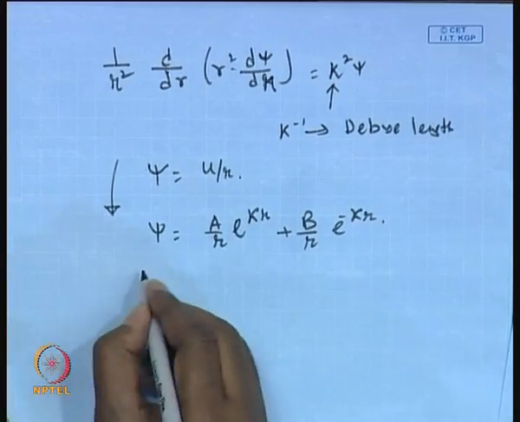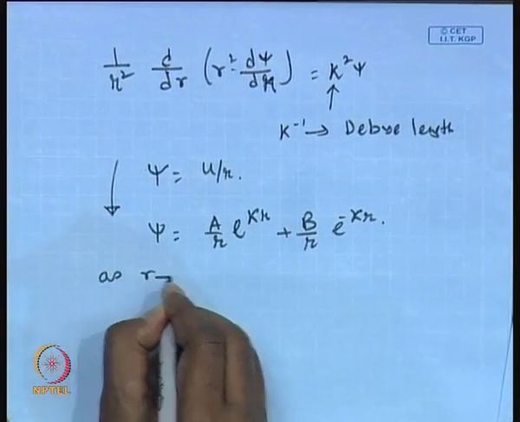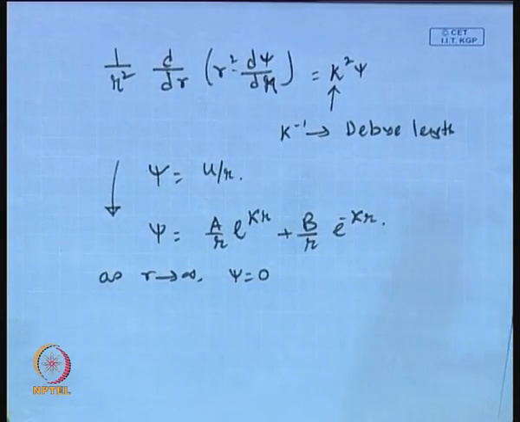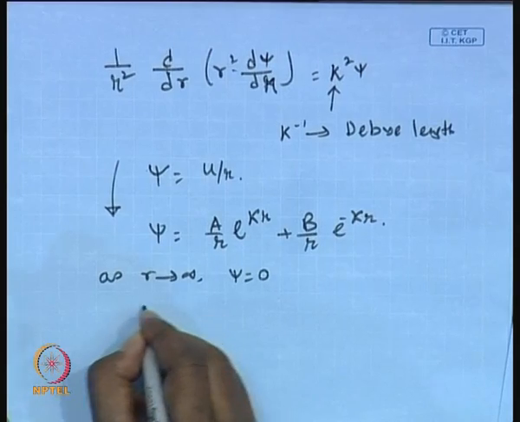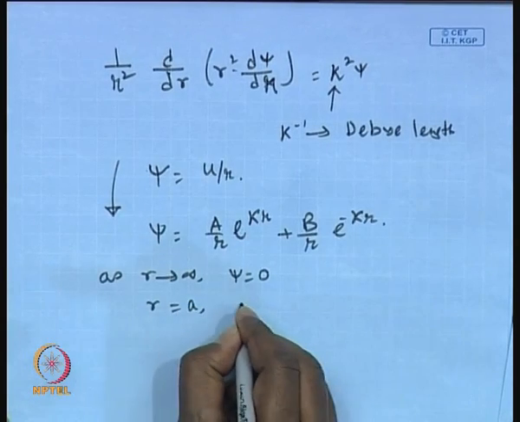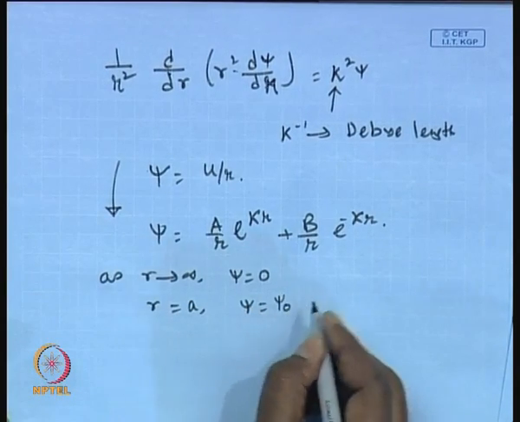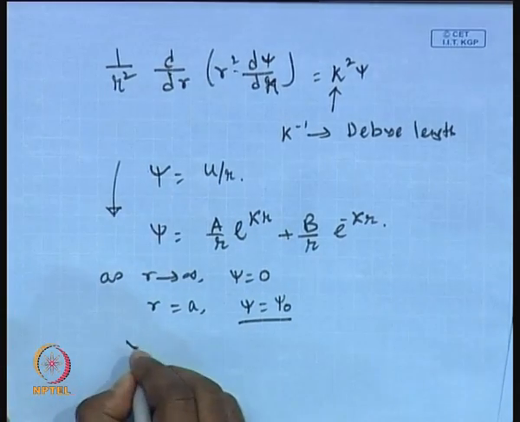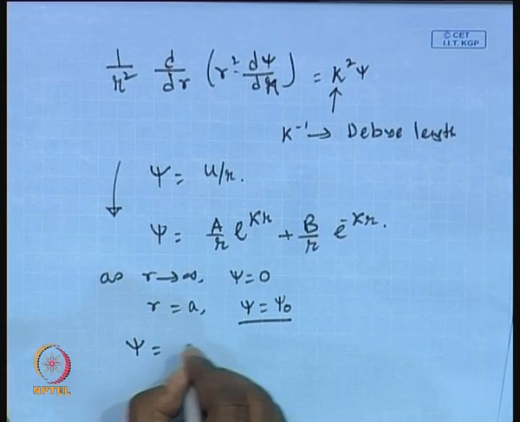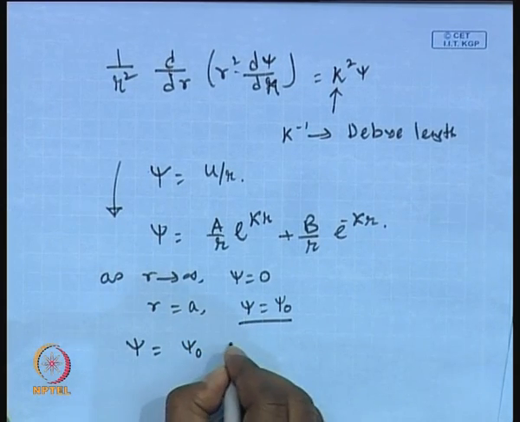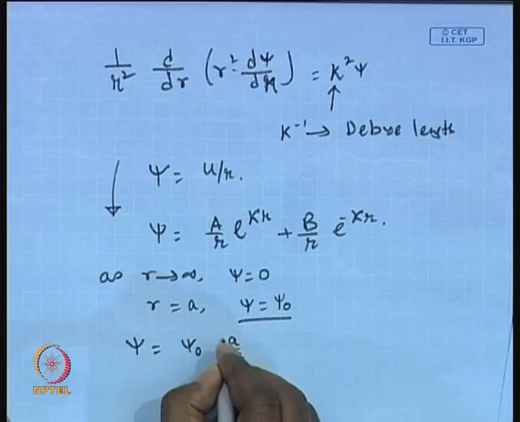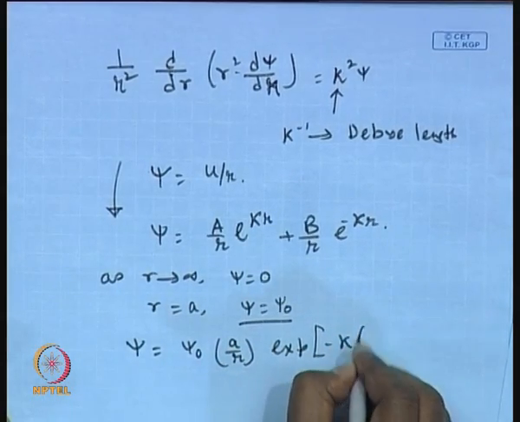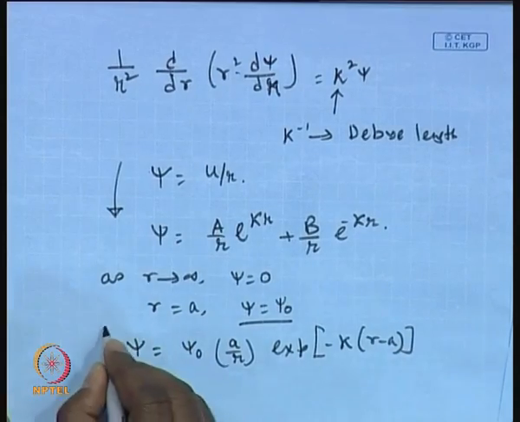The boundary conditions are, as r tends to infinity, psi becomes 0 at the bulk of the solution, and at r is equal to a, psi is equal to psi naught, that means we know the surface potential. Under these two conditions, the potential distribution around the charged sphere becomes psi is equal to psi naught a over r exponential minus kappa times r minus a.